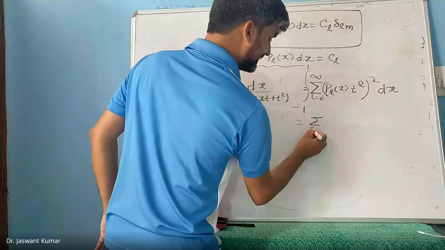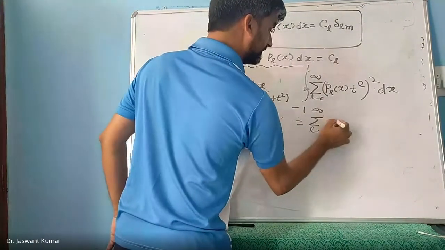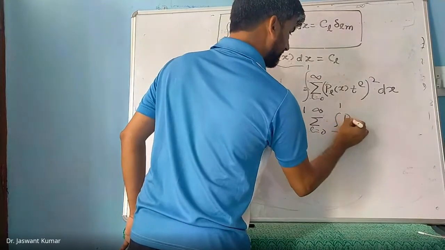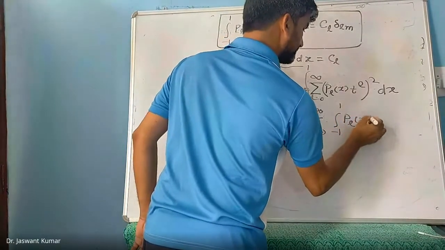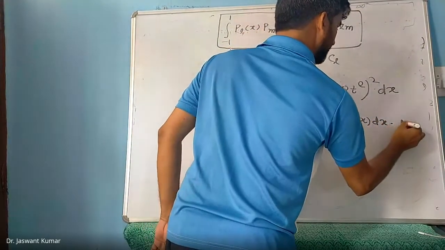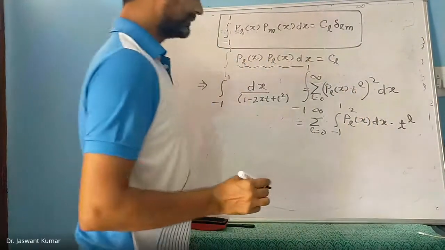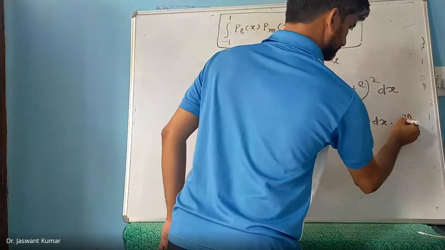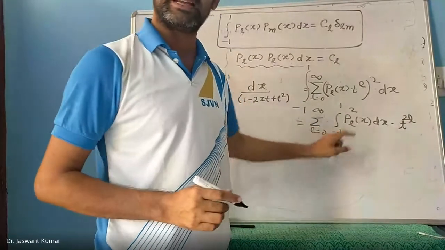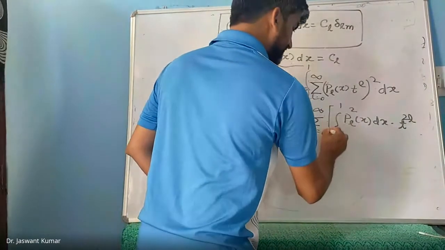So this is the sum over L going from 0 to infinity of the integral from -1 to 1 of PL of x square dx times t to the power 2L, I'm sorry. We have taken t to the power 2L outside the integration.